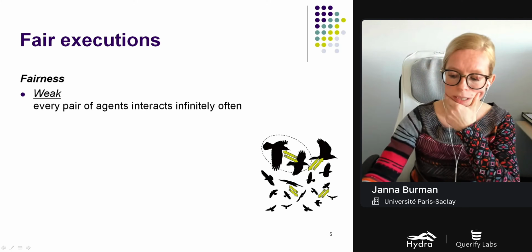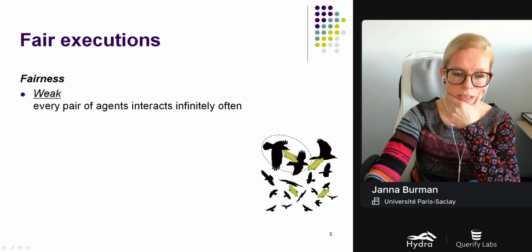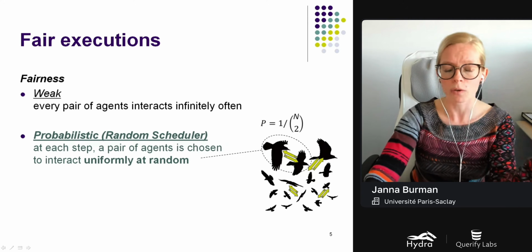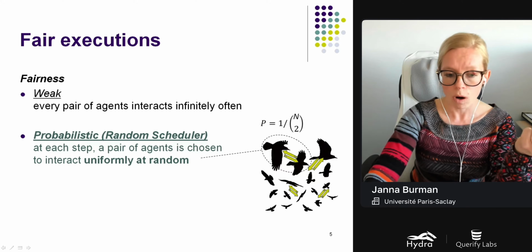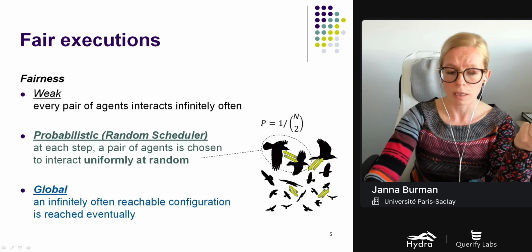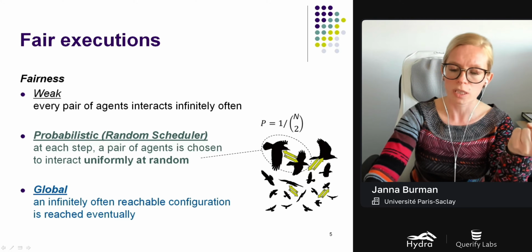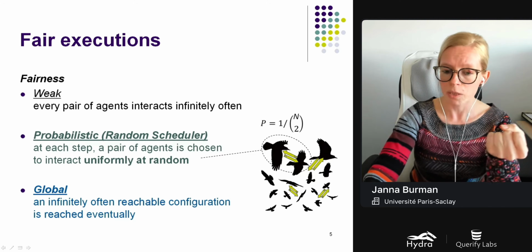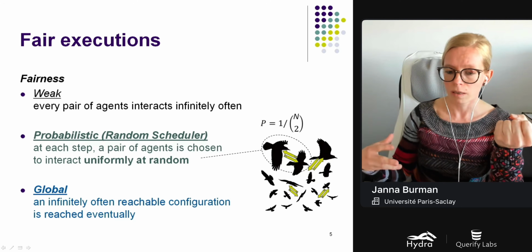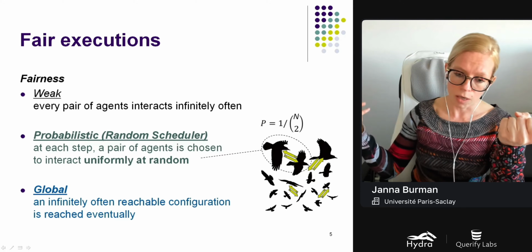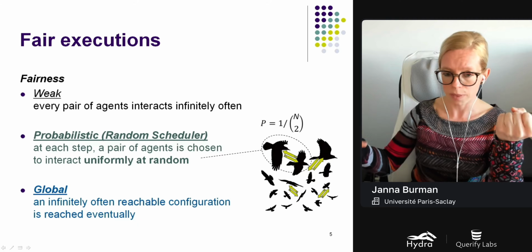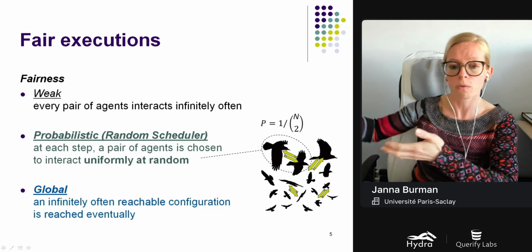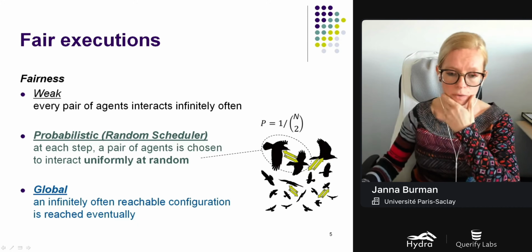Yeah, every pair has to participate in the protocol. Okay, we can also ask that each pair of agents is chosen to interact uniformly at random. Or we can also ask that an infinitely often reachable configuration is reached eventually, meaning we cannot prevent the protocol from reaching some configuration, some situation, if we can always reach it.